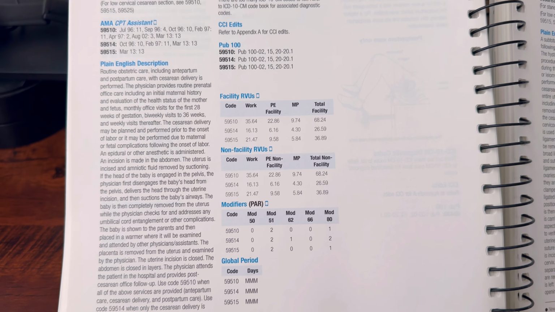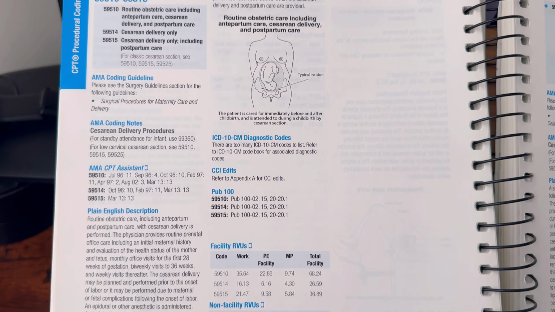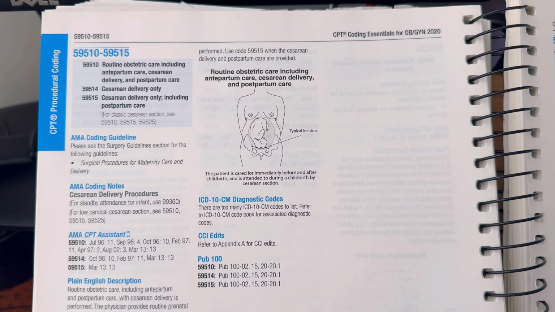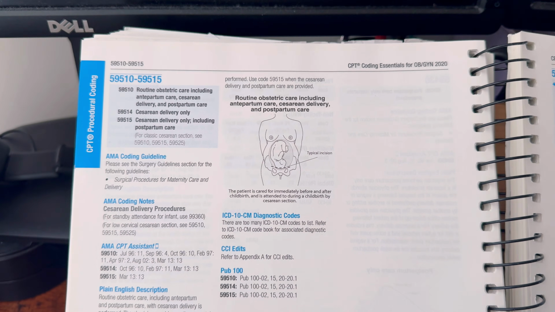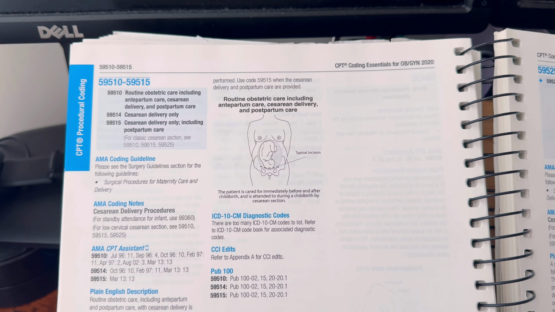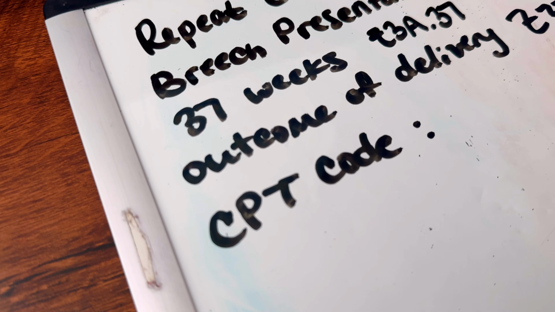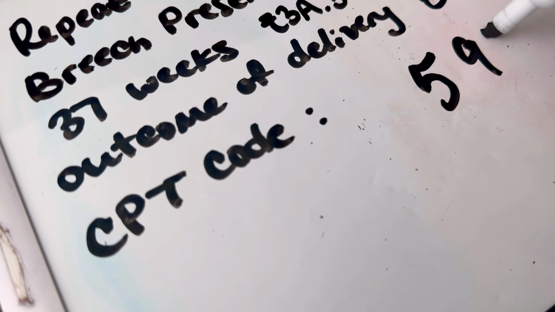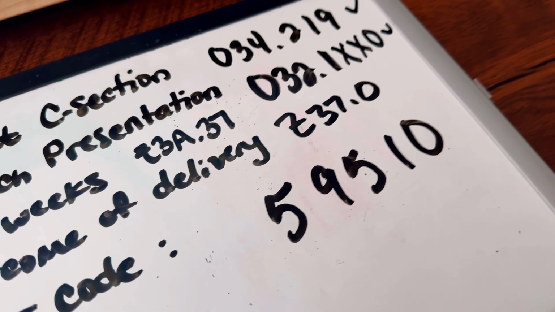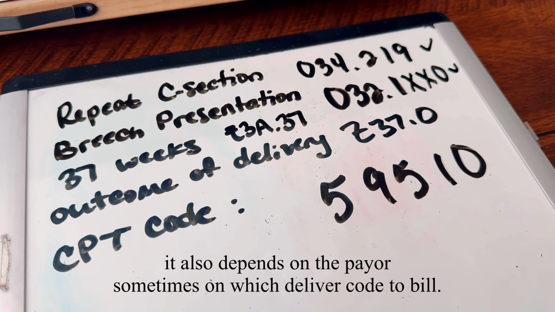So that's a scenario for cesarean delivery only, when you're only providing the cesarean delivery. And then there's also cesarean delivery including postpartum care, which would be an example. Let's say we didn't do any of her prenatal care, but we will see her for the postpartum care. So then I would bill that code. But because we are billing global, I'm going to go with 59510.